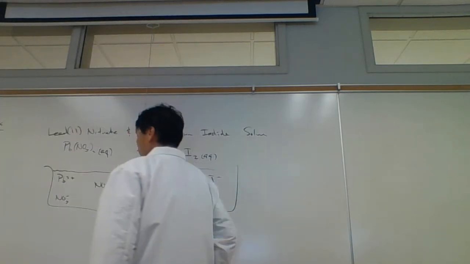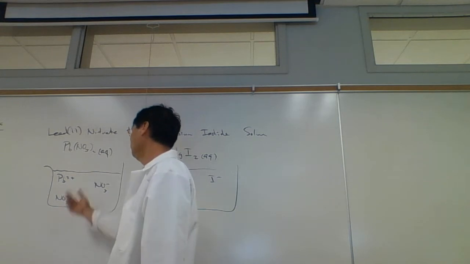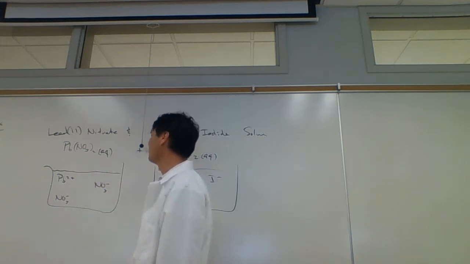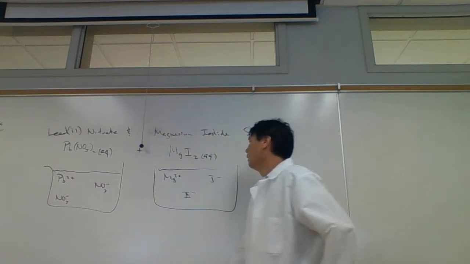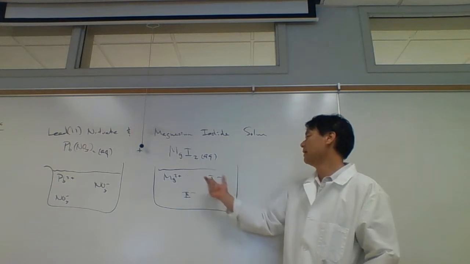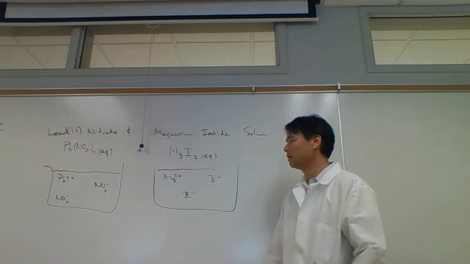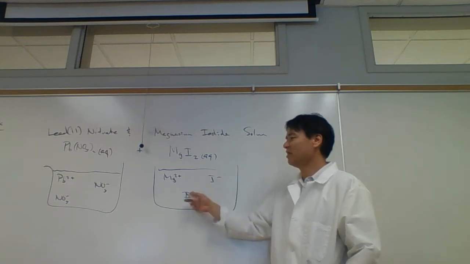And so anyway, salt crystals would form here. Lead-2 nitrate is white, so we form white crystals at the bottom once all the water is evaporated. Same thing here. These magnesium and iodide ions stay apart. They're dissociated in solution. They don't come together. So we wouldn't consider these favorable ion combinations.